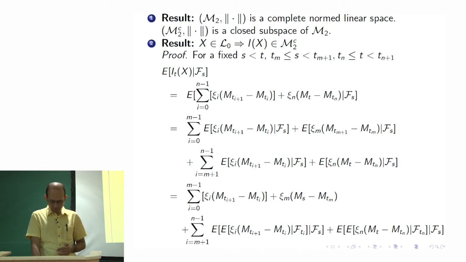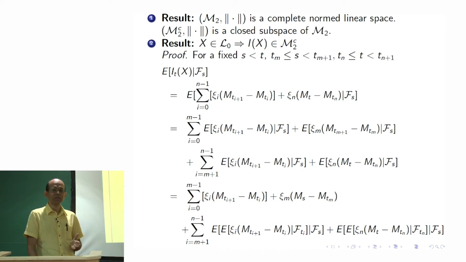Since this is a finite sum, the expectation can be taken inside the summation of xi_i times the increment of the martingale M_{t_{i+1}} minus M_{t_i} given F_s, plus, I have here counted only to m minus 1, so the m-th one is here: xi_m times M_{t_{m+1}} minus M_{t_m} given F_s.